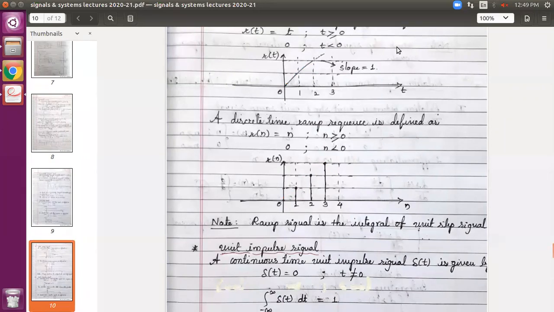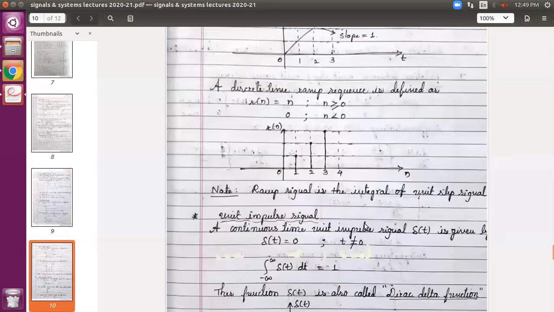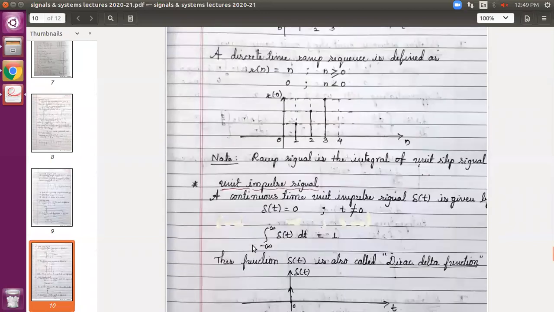Let us go for the last elementary signal, that is the unit impulse signal. A continuous time unit impulse signal, delta of t, this notation is used.